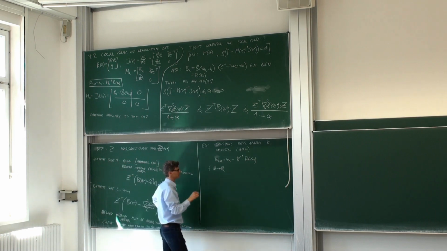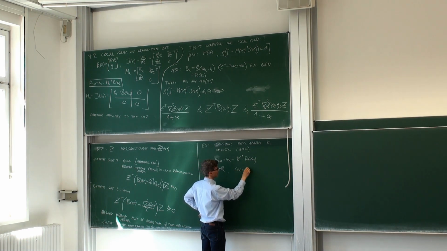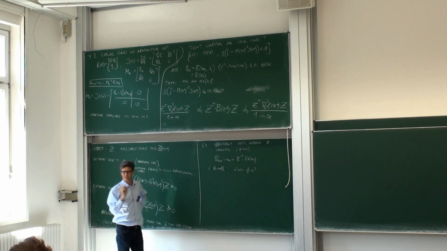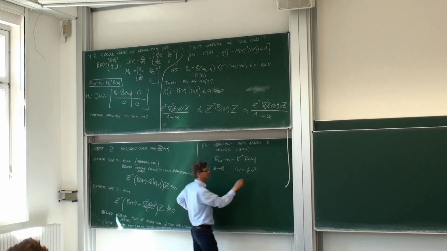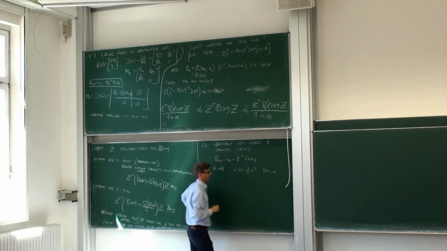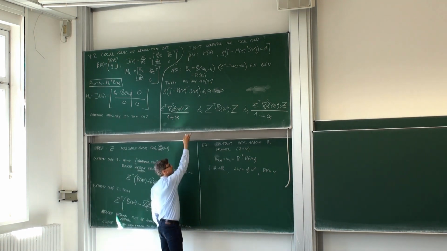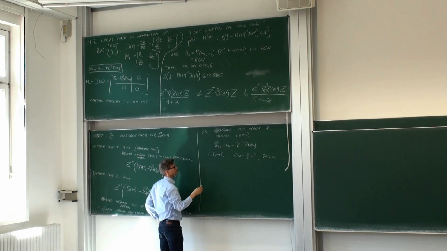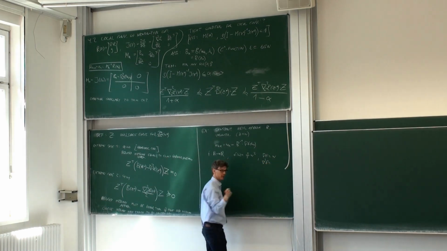So I say F of W is equal to 1/2 W squared. Very trivial. What is its gradient? The gradient will be just W. So now what is our iteration here? I should also compute the second derivative of it, so the true Hessian.